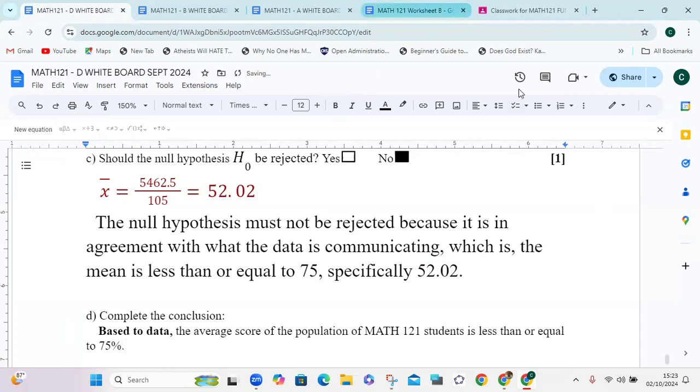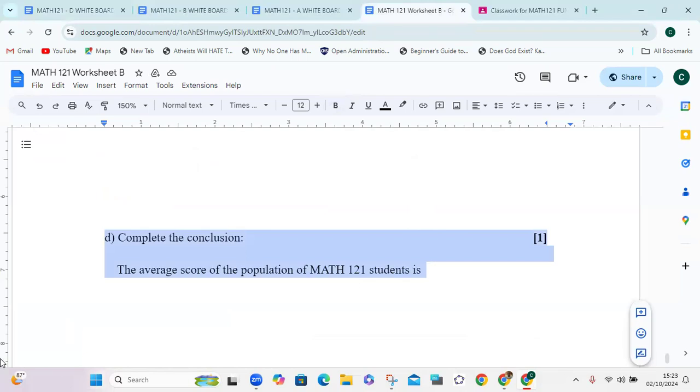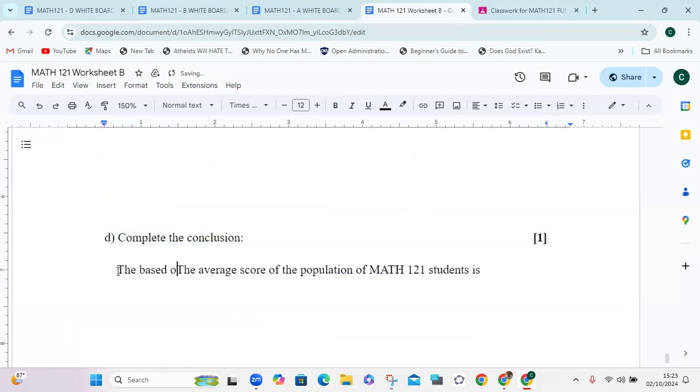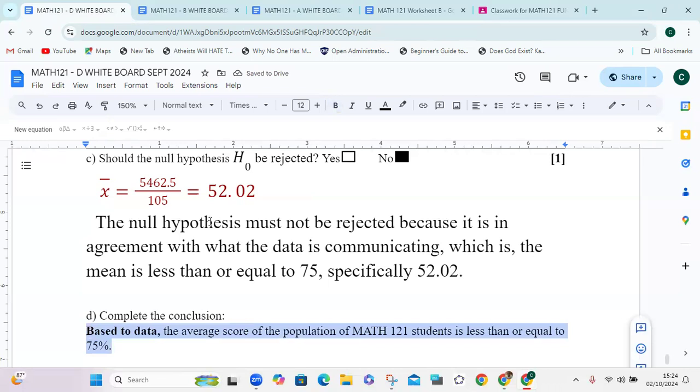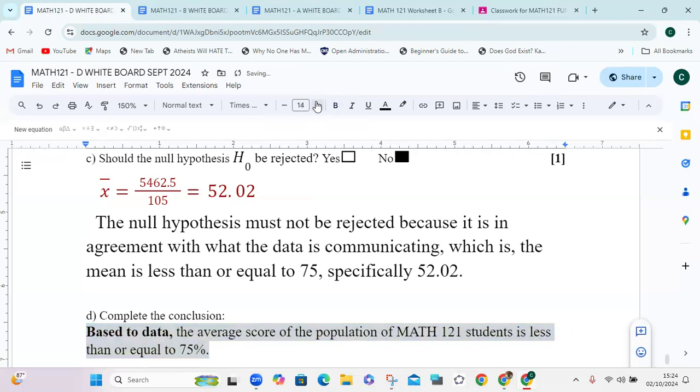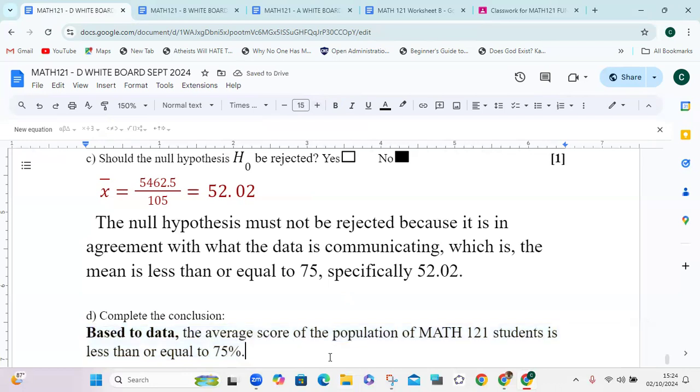So let's just edit the worksheet, because it's always wise to begin by saying based on the data, because really and truly it's due to the data that you are making that decision and conclusion. So here the null has won the debate, and as you can see, 52 is less than or equal to 75%. So that will be the conclusion.